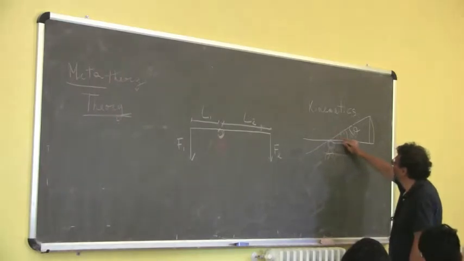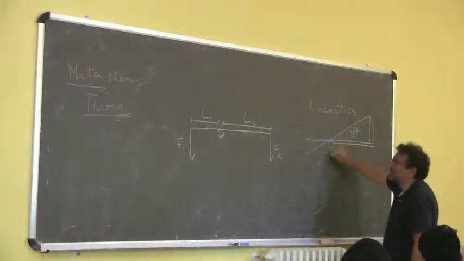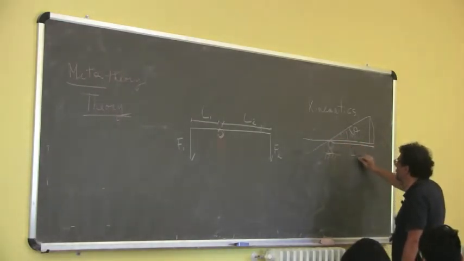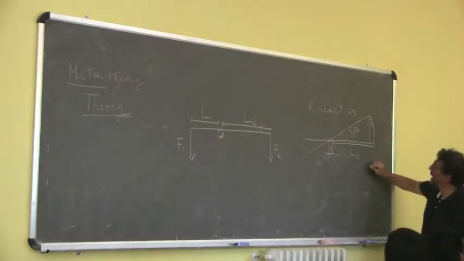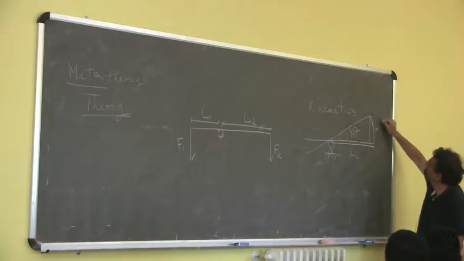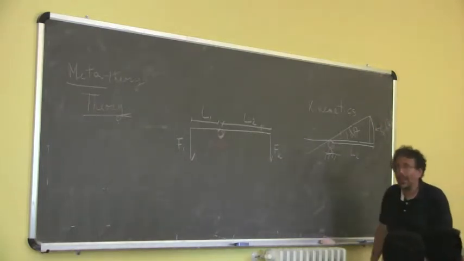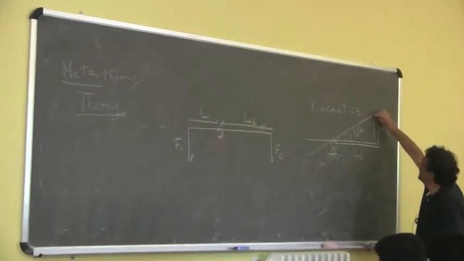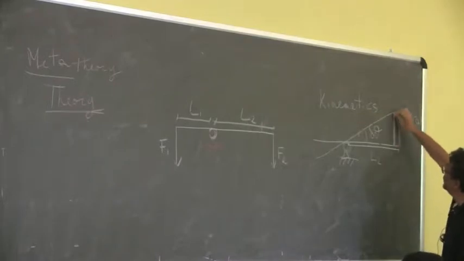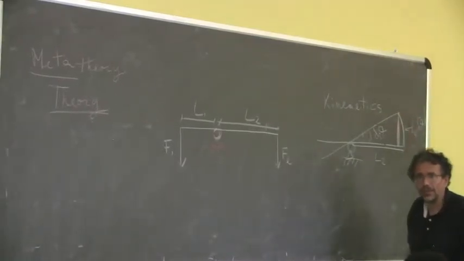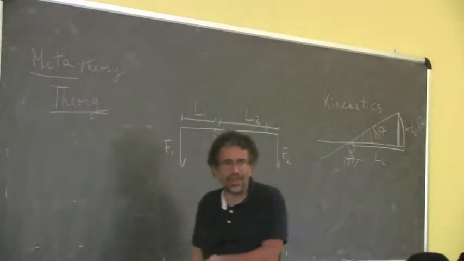So, this is L2, this is L2 delta theta, and we say that this is very close to this segment when delta theta is very small.